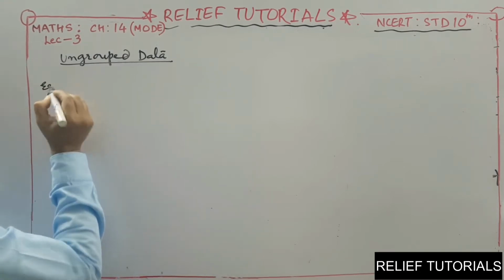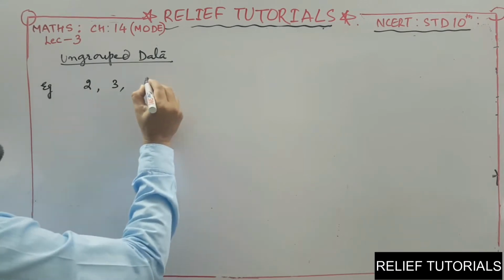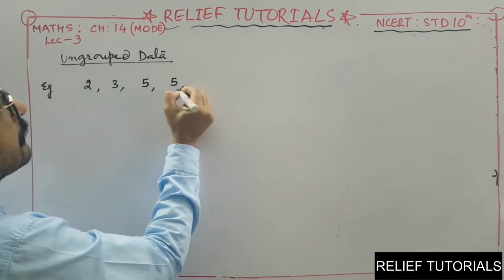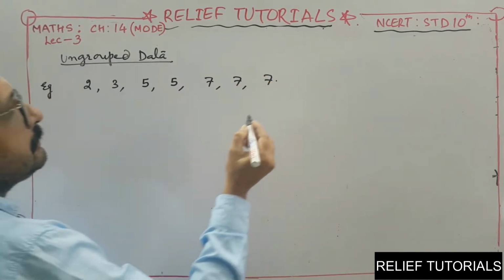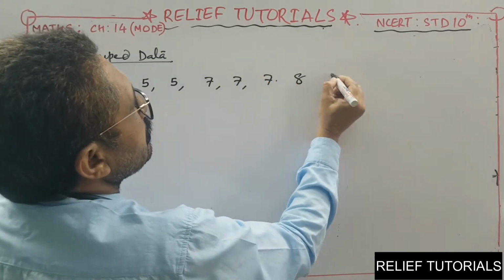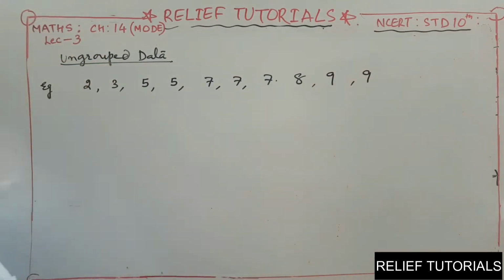Example, suppose we are writing marks of 10 students. See, these are the marks of 10 students.